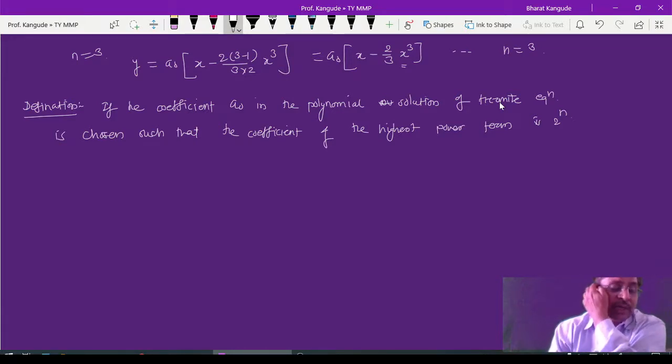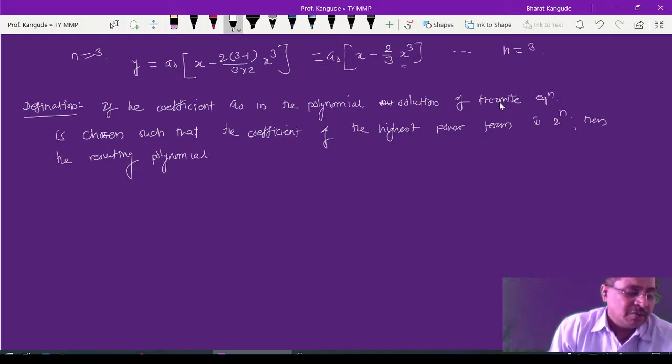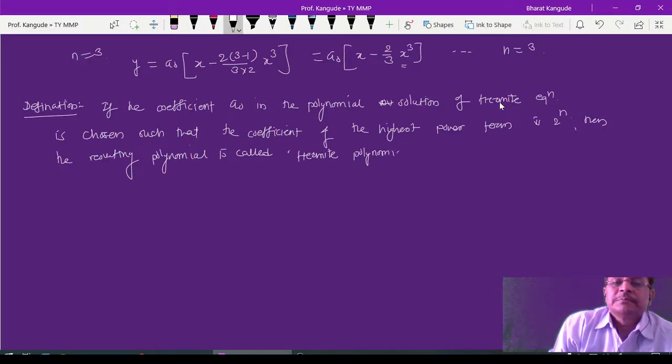So we'll write this first, and then we will discuss. Then the resulting polynomial is called the Hermite polynomial. Remember, these polynomials are very, very important and useful in quantum mechanics.